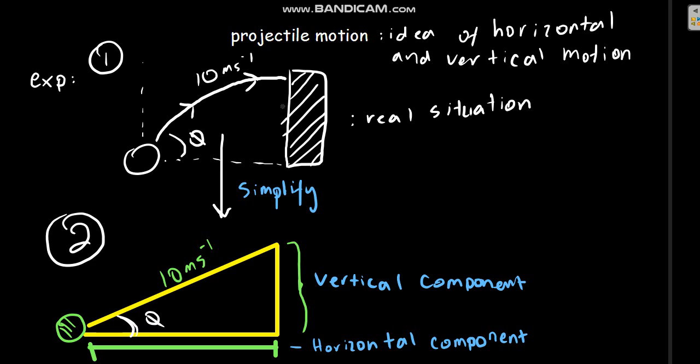This diagram doesn't look too simplified, because when you simplify it, you'll get a triangle that looks like this. Projectile motion is a curve. The definition in my notes says a uniform velocity in one direction and a constant acceleration in a perpendicular direction.